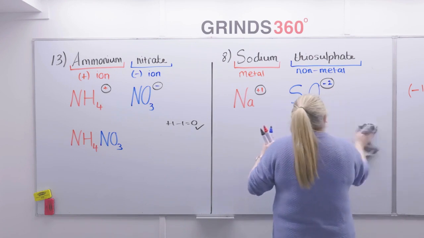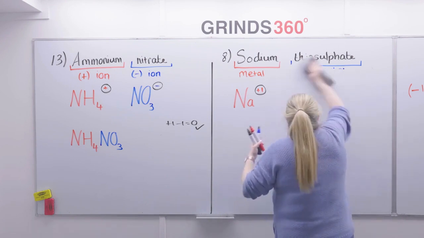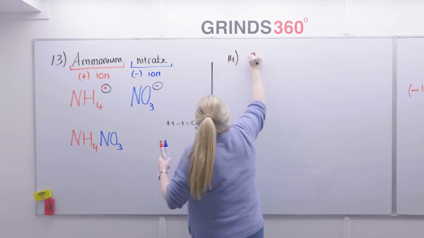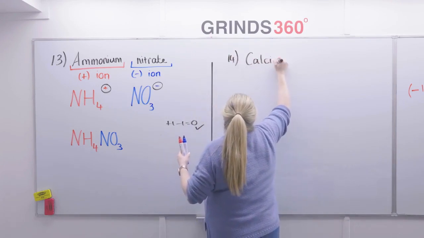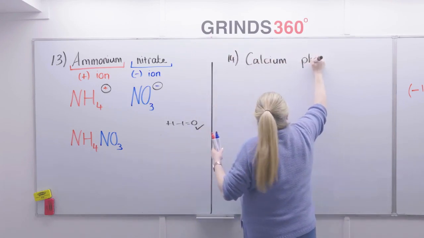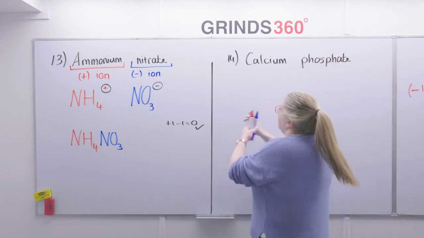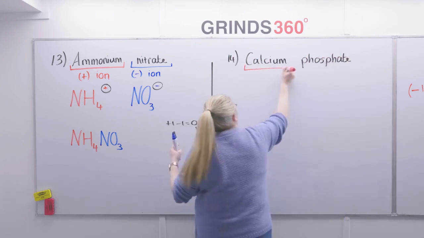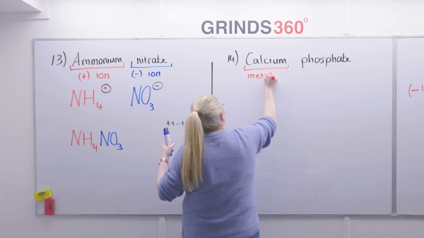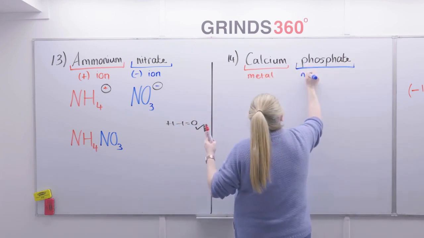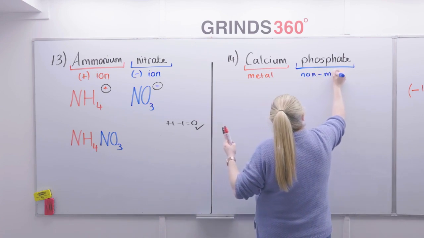Now, this one, be very careful of your charges here. Calcium is my metal. Therefore, that's going to be my positive ion. The phosphate is the non-metal part, and it's going to be my negative ion.